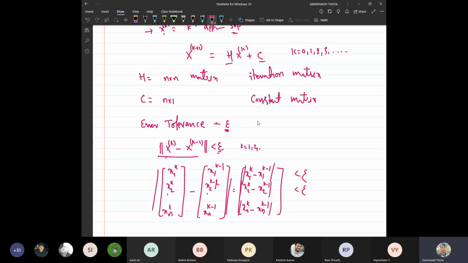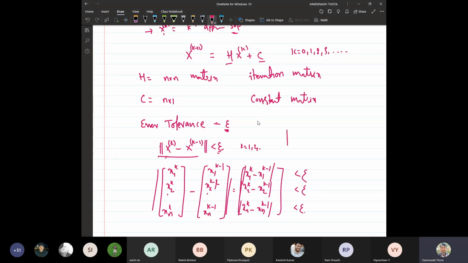The absolute difference between consecutive approximate solutions should be less than epsilon for every coordinate.